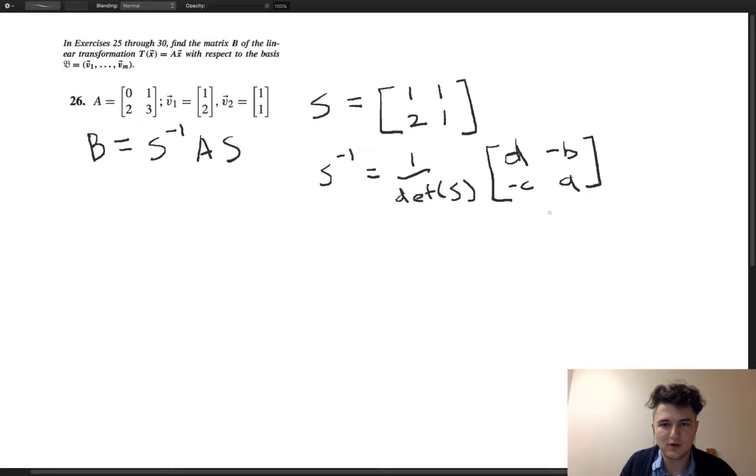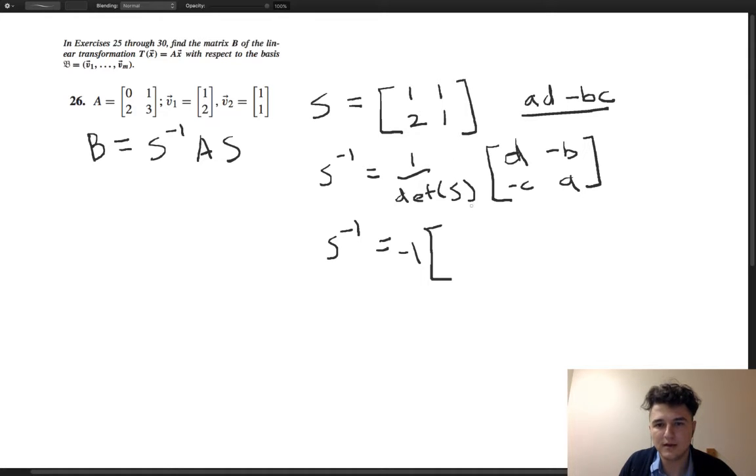This is just a formula for finding the inverse of a 2 by 2 matrix. In this case, the determinant is going to be negative 1, because it's 1 minus 2. The determinant is just AD minus BC, just to make that clear.